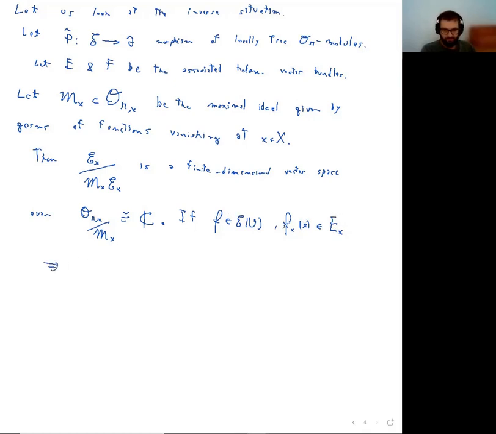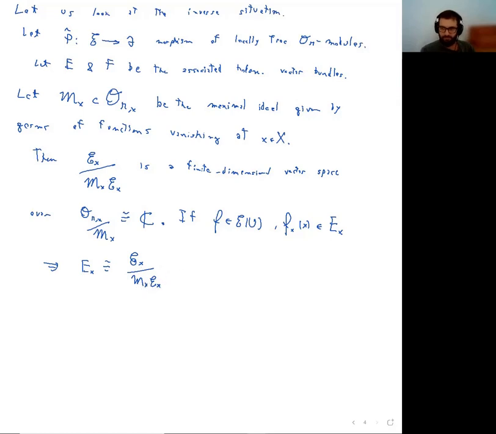So in particular, this proves that E_x is precisely this vector space. Why? Because you just consider the morphism that sends a germ to the germ evaluated at the point. And what is the kernel? Well, it's precisely this one.